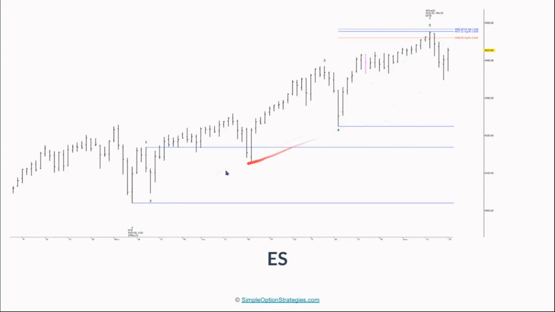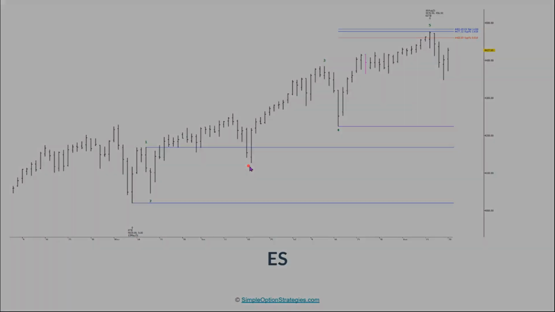So that's the way I get that target right there. And there are some other things too, the other fib symmetry that you can put on this chart. We'll talk about that in another webinar.